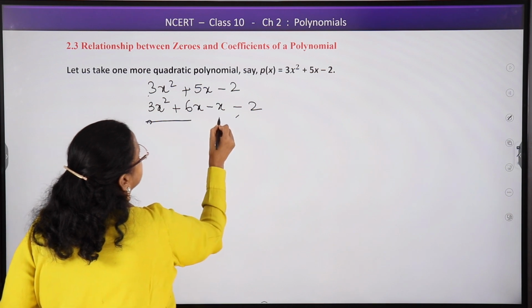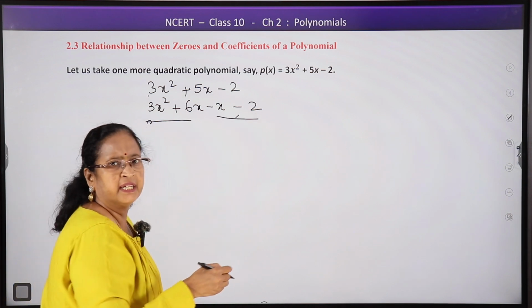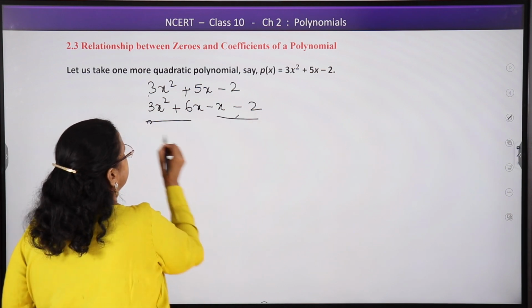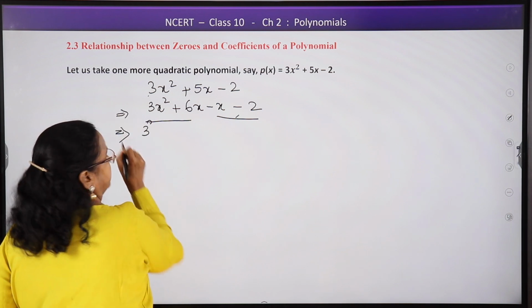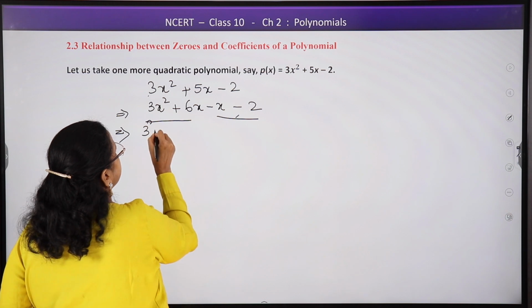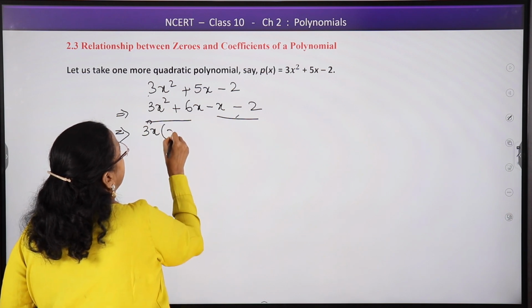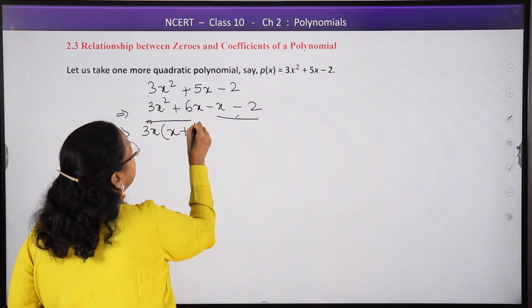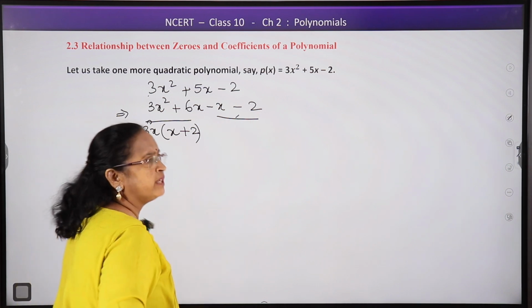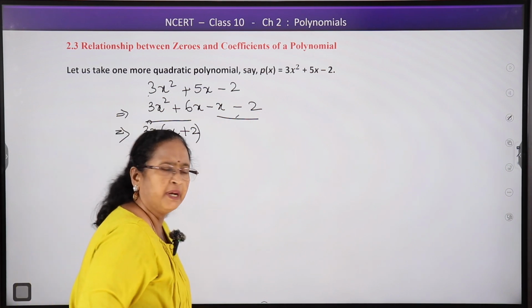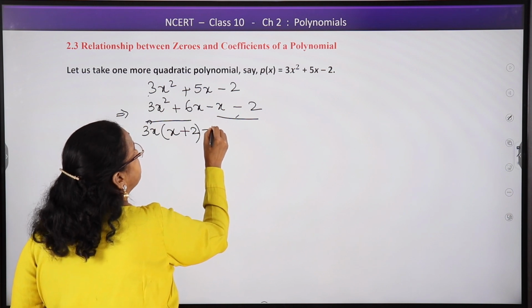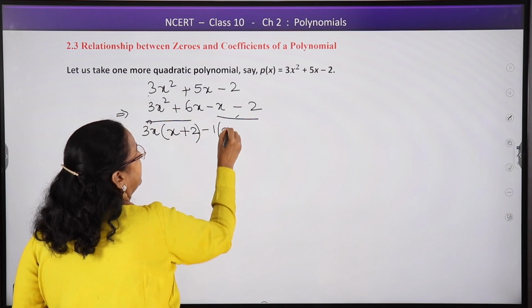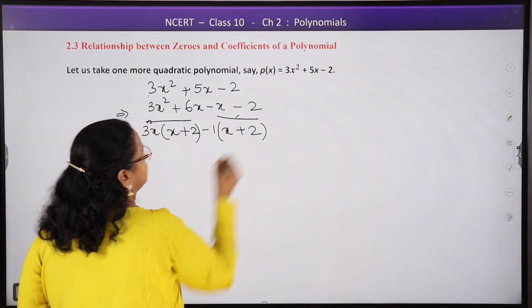Now, for my convenience, I make it common. 3 implies, this implies is important, alright? Implies 3x, x plus 2. Now here, when I don't have any number in common, we take 1. Minus 1, x plus 2.